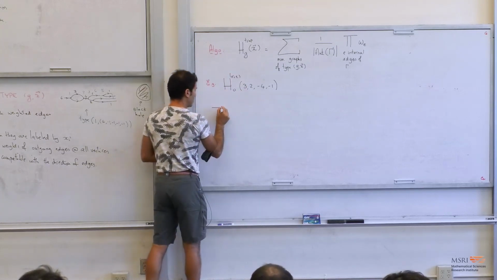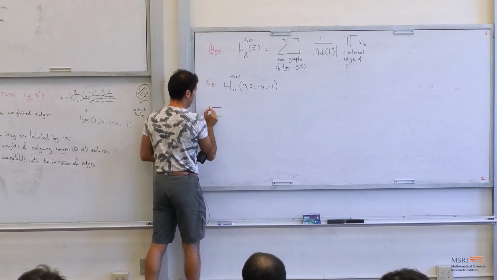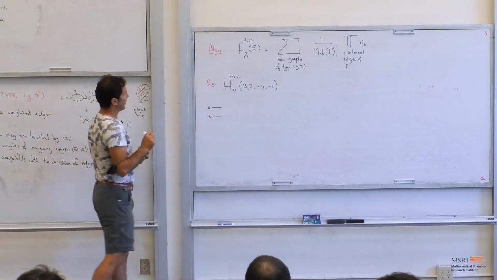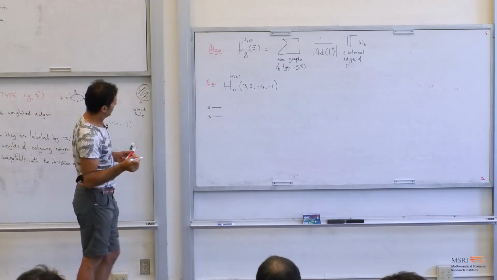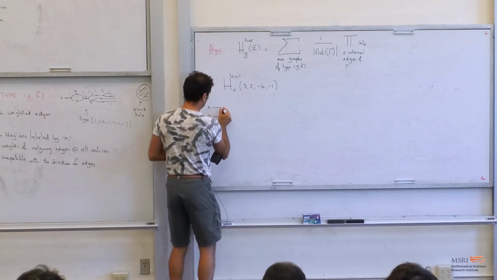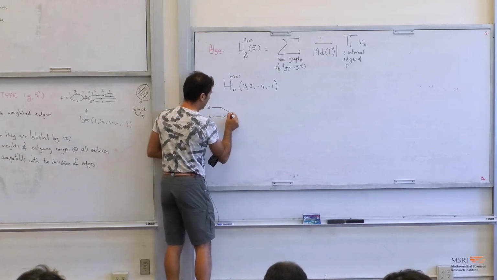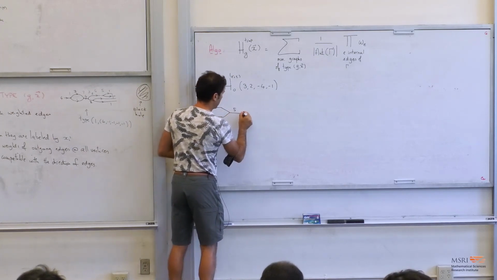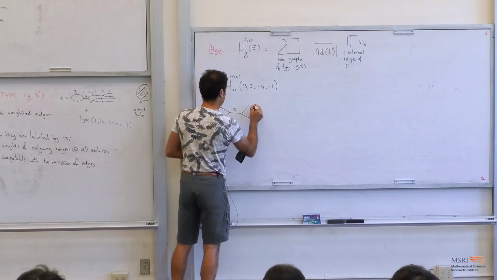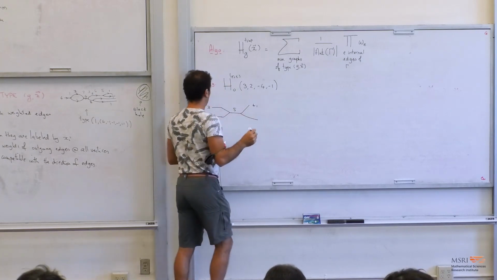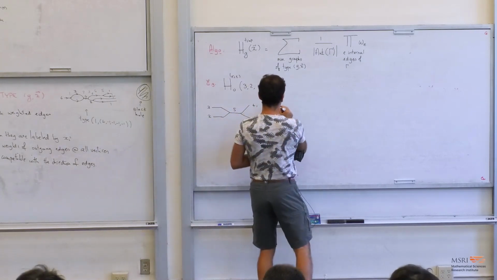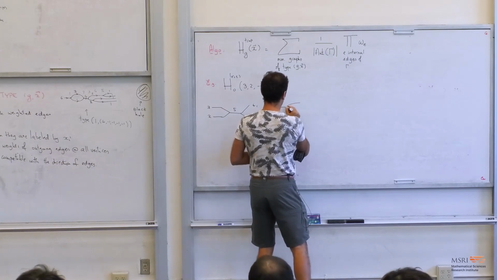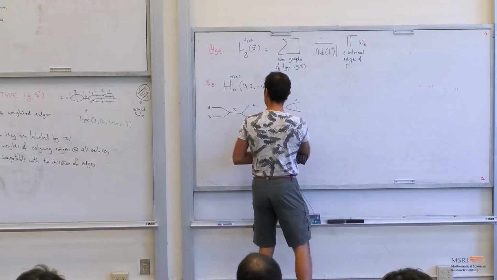Right, so I have to start from 3 and 2. I have two vertices to play with, so I can go to 5 and then 4 and 1. Or I can open this 3 into a 2 and a 1.